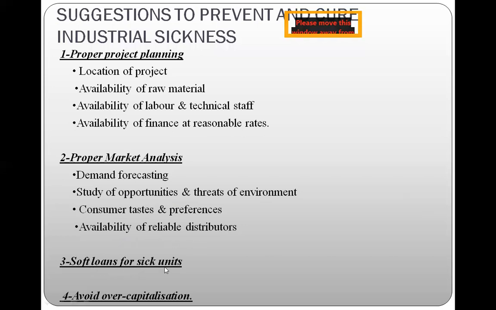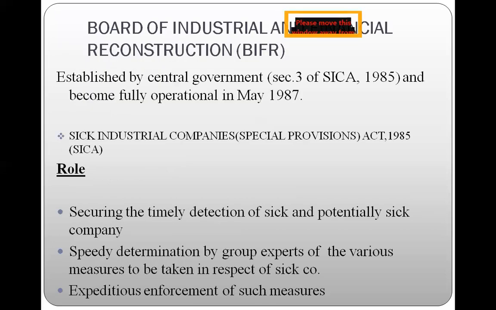Next are soft loans for the sick units. The loans should not be very strict. They should not have strict rules and regulations, but there should be soft loans for sick units. Avoid over-capitalization, so more and more capital is not to be invested.